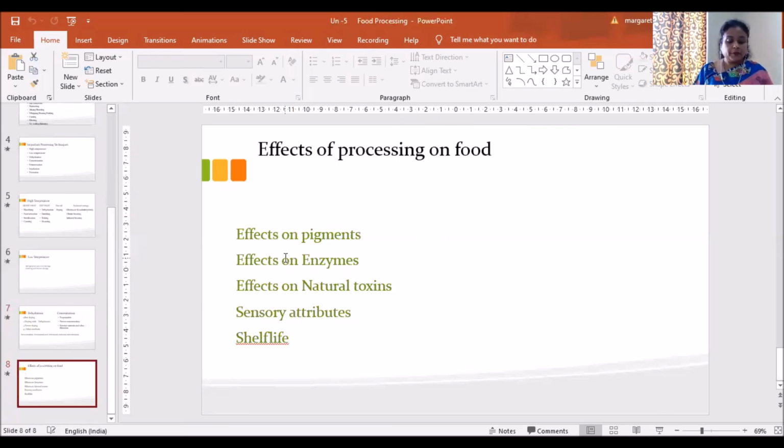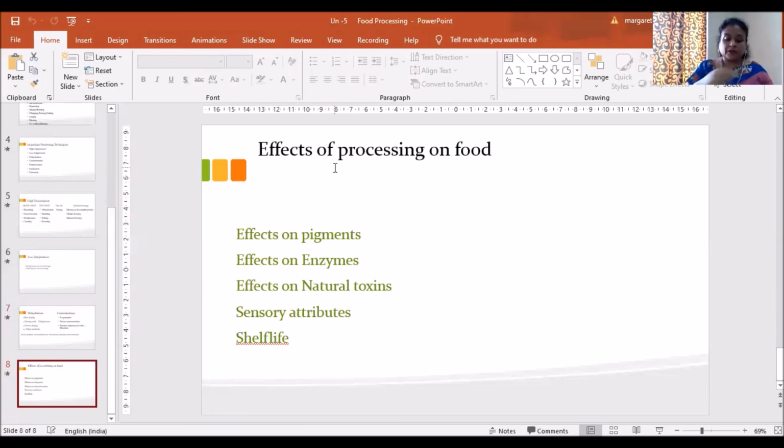The effects on pigments, effects on enzymes, then effects on natural toxins, sensory attributes and shelf life. Talking about the effects on pigments, these pigments specifically help in maintaining colors.